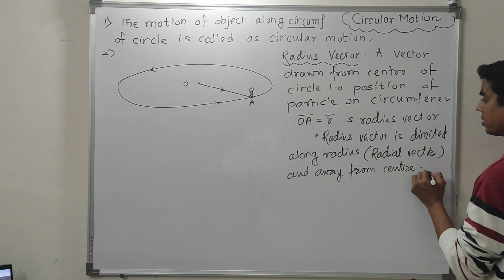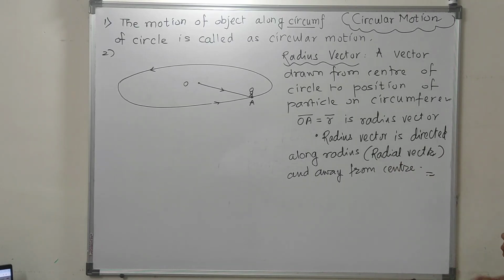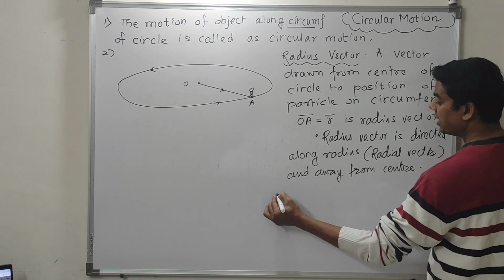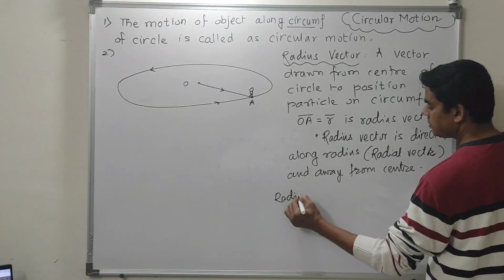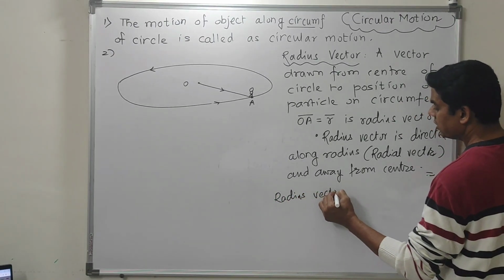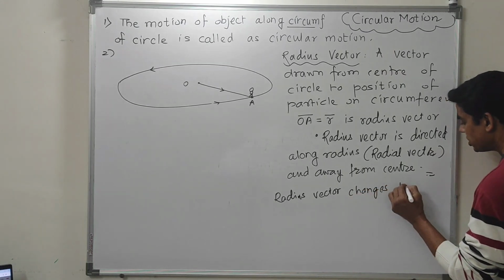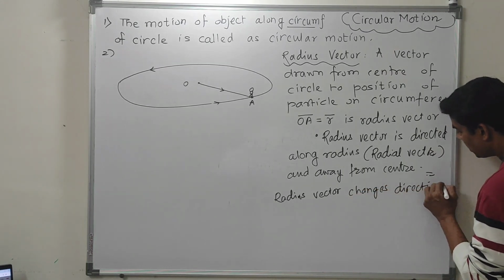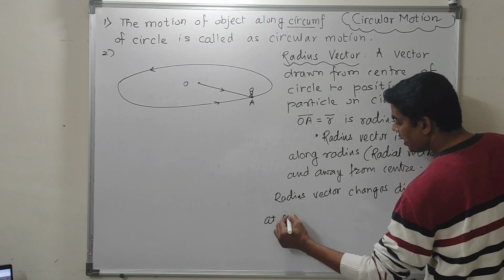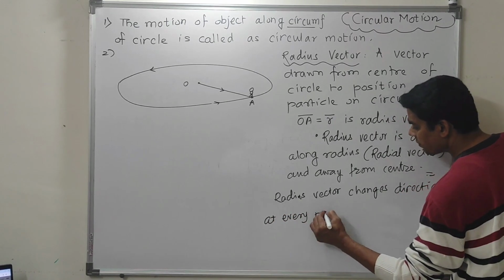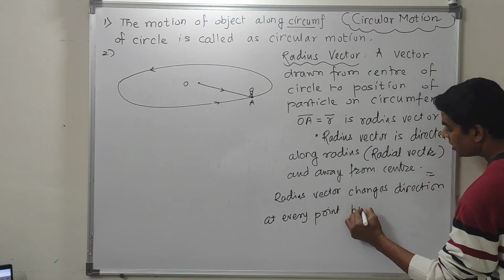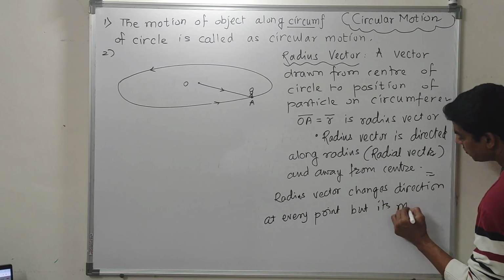So the direction of the radius vector is away from the center of the circle. The radius vector changes direction at every point, but its magnitude remains the same.